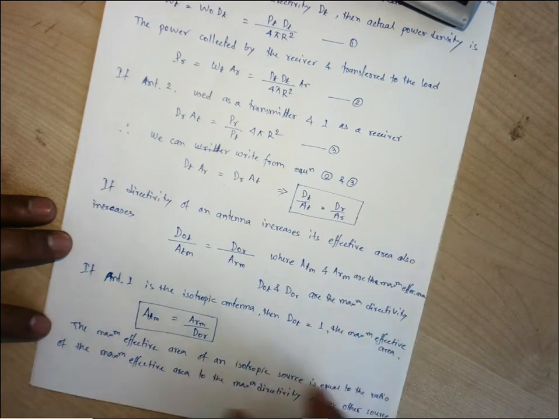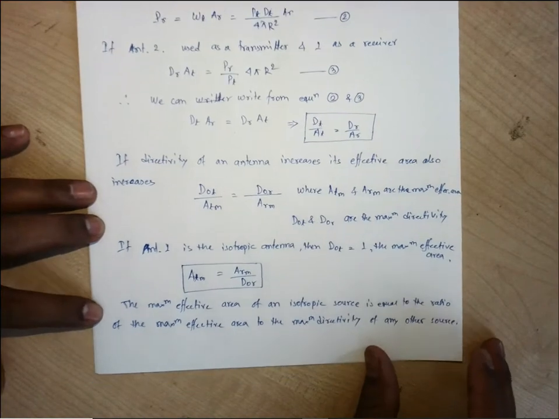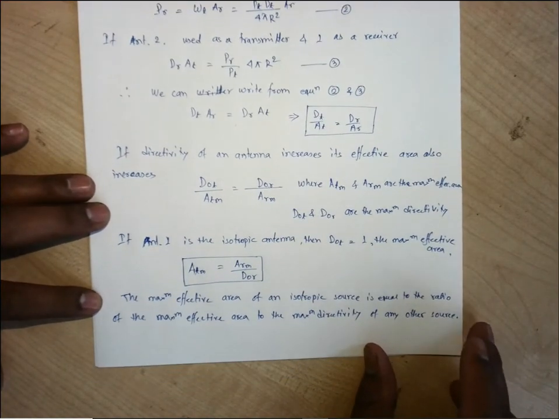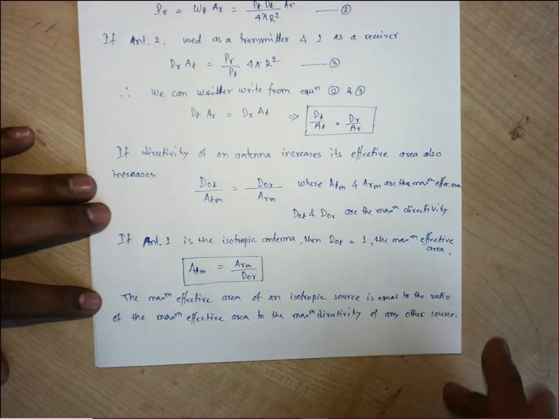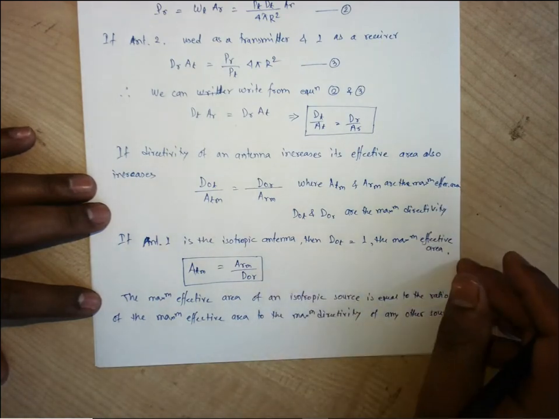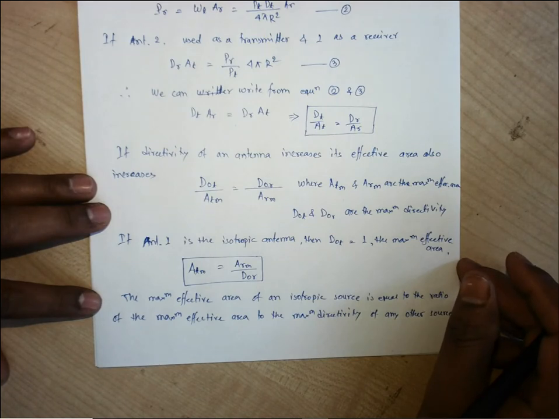So our antenna 1 is acting as an isotropic source, though it is not an ideal isotropic source, but it tends to an isotropic source. So if it is near to that isotropic source, we can say what aperture we need to maintain for that isotropic radiation from the transmitter. That will depend upon the aperture of the receiver as well as the directivity.